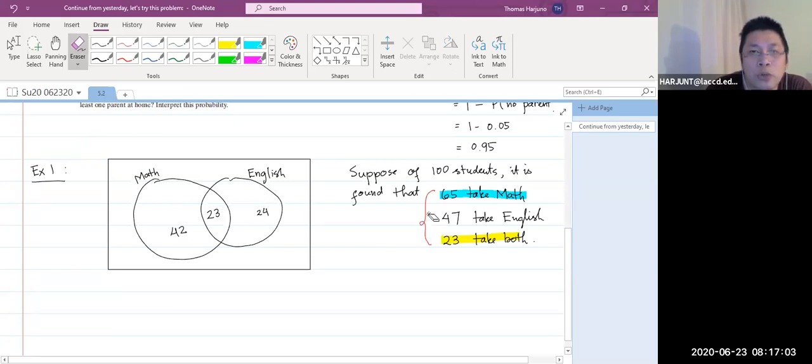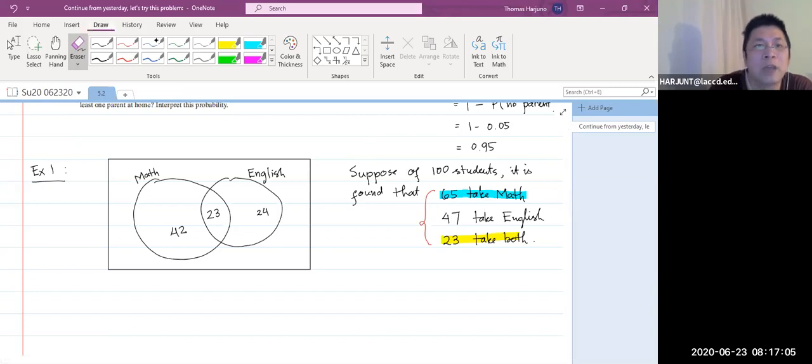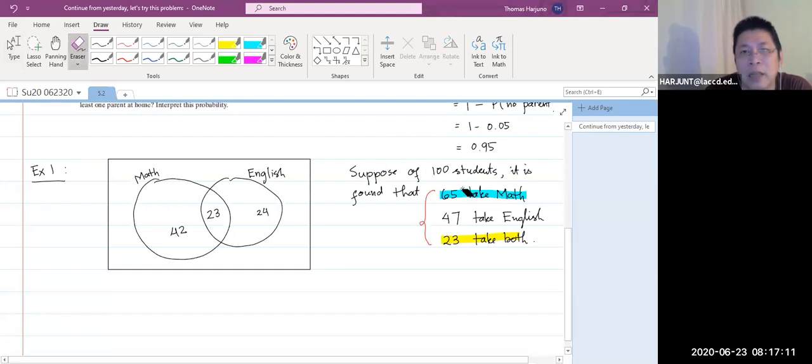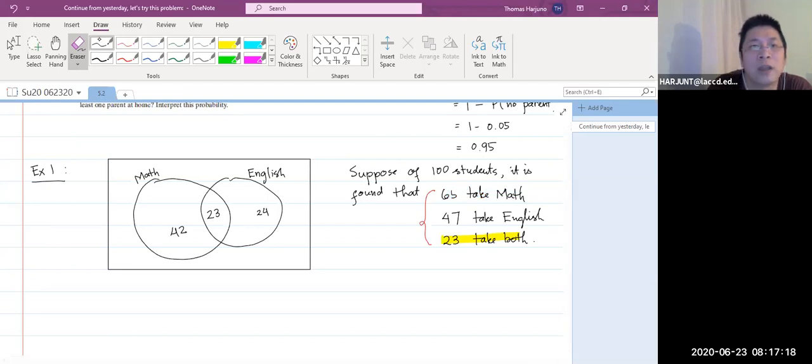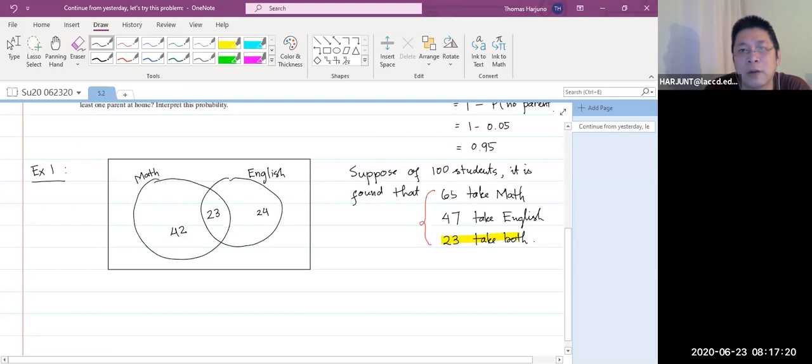So when you do your reading, when you read this, be careful with your assumption. Okay? When we say 65 take math, it doesn't say 65 take math only. No, it's very different. It's a very different statement, 65 take math and 65 take math only.